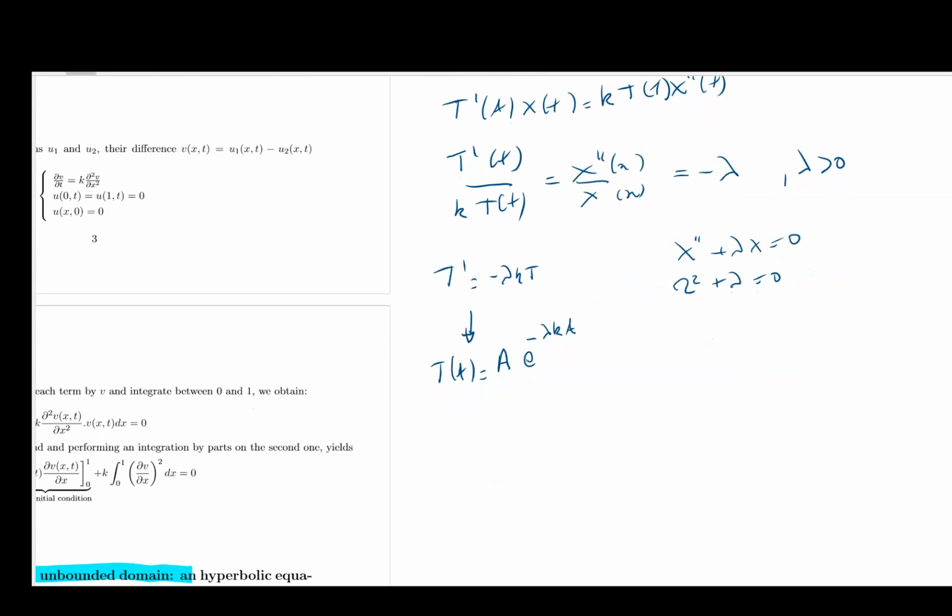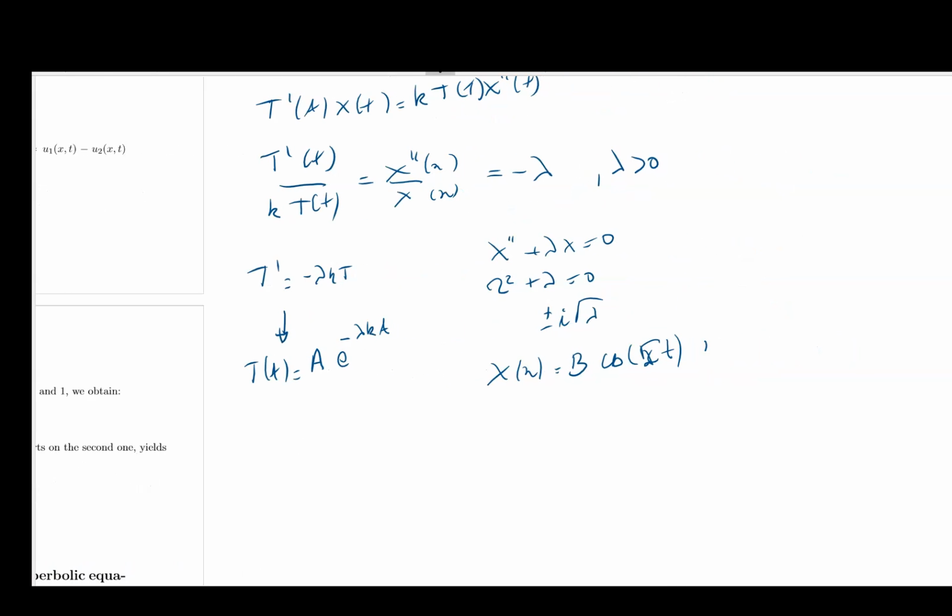If lambda is positive, I've got two complex roots, plus or minus i square root of lambda, and that gives me that X(x) is going to be a combination of cosines: b cosine of square root of lambda times x, plus c sine of square root of lambda times x again. I'm really always making that error.